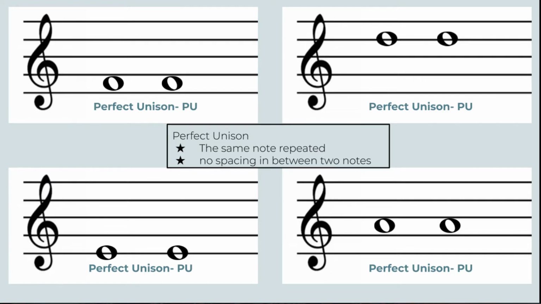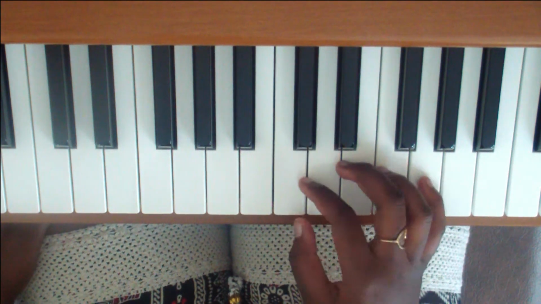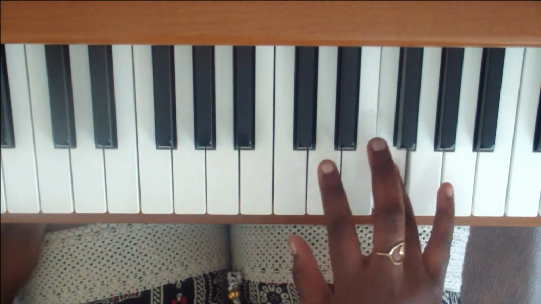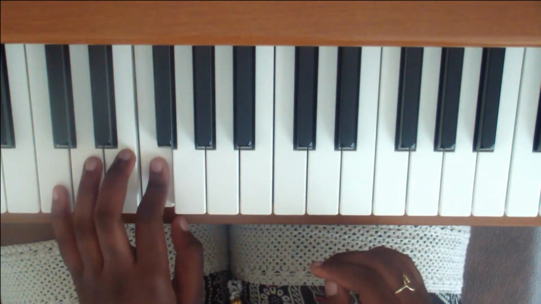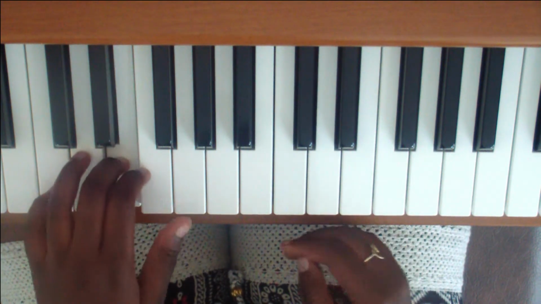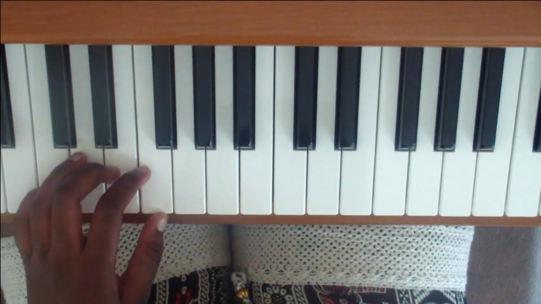The perfect unison interval is the same note repeated with no spacing between the two notes. So to play a perfect unison, you just repeat the same note twice, like this, or even on the left hand. Just repeating a note twice is playing a perfect unison.